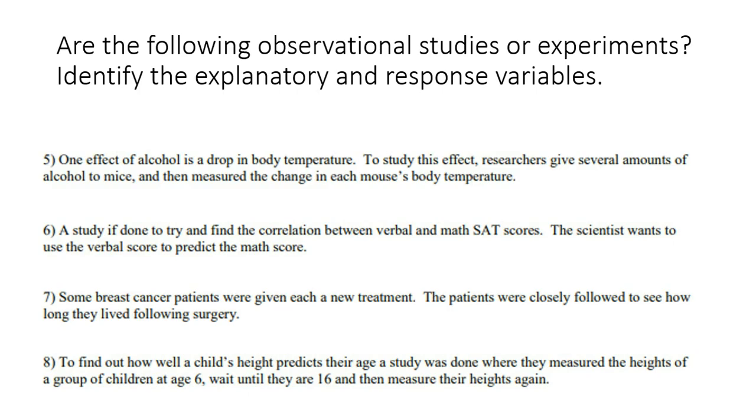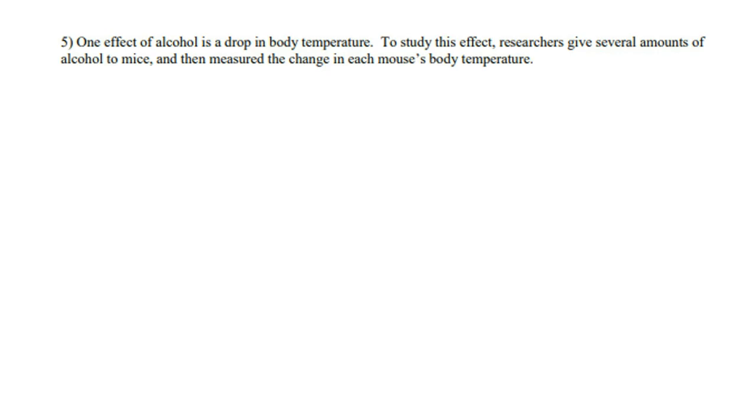Okay, so first one, the effect of alcohol is a drop in body temperature. To study the effect, researchers give several amounts of alcohol to mice and then measure the change in the mice's body temperature. So, experiment, what's the explanatory, what's the response? This is an experiment.